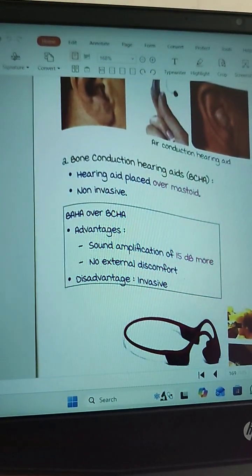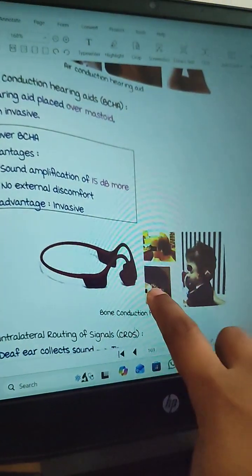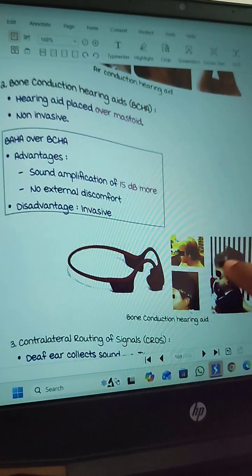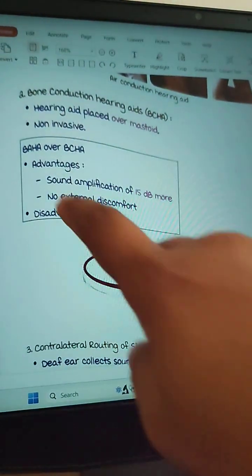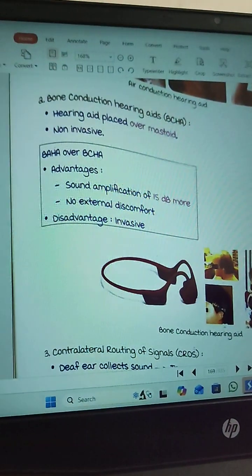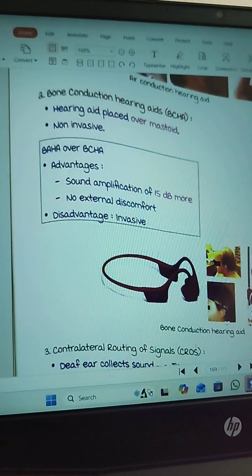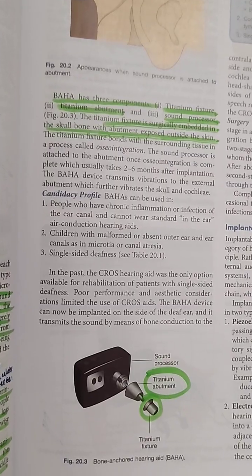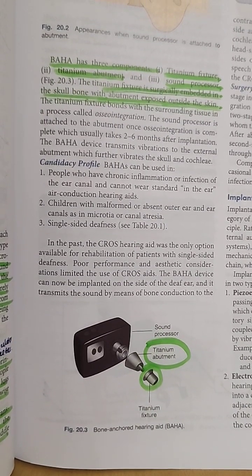In the case of the bone conduction hearing aid, we should place it like a hairband, so there is external discomfort for BCHA. But for BAHA there is no external discomfort; the disadvantage is that it is an invasive procedure.